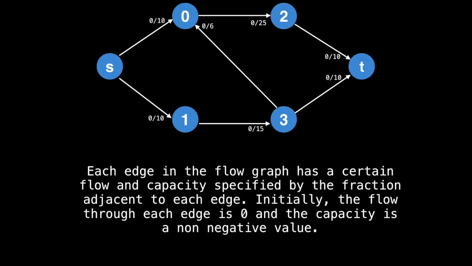Each edge in the flow graph has a certain flow and capacity specified by the two values separated by a slash adjacent to each edge. Originally, the flow through each edge is 0 and the capacity is a non-negative value.